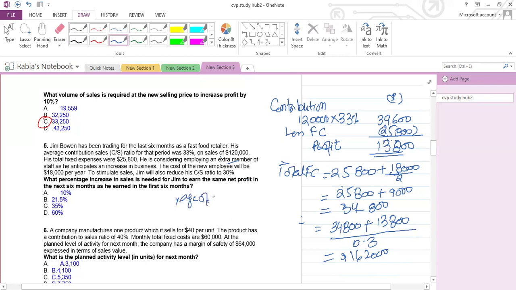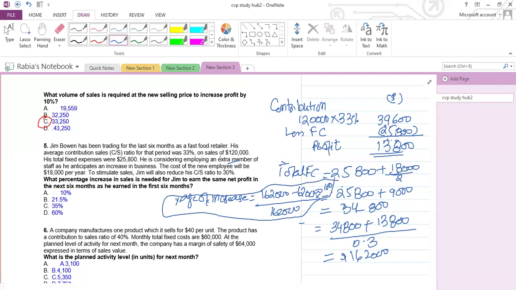Percentage of increase equals increase in revenue, 162,000 minus 120,000, divided by 120,000 multiplied by 100. So you will get your answer. That is 35%. Option C is the right option.